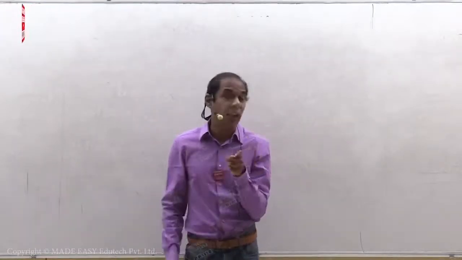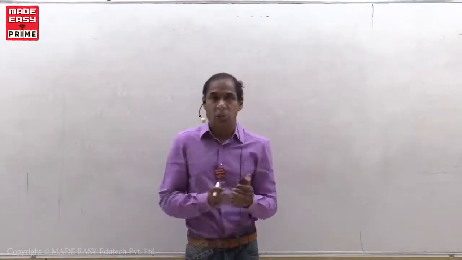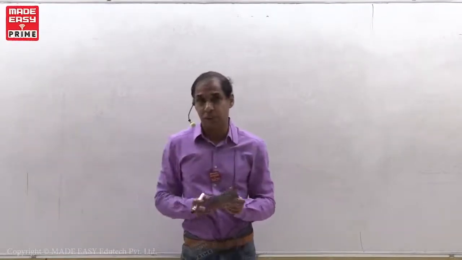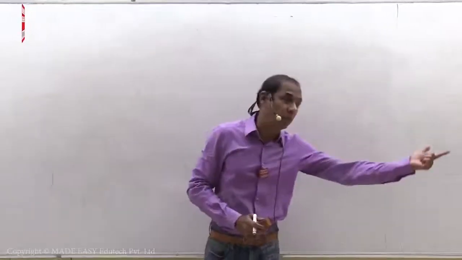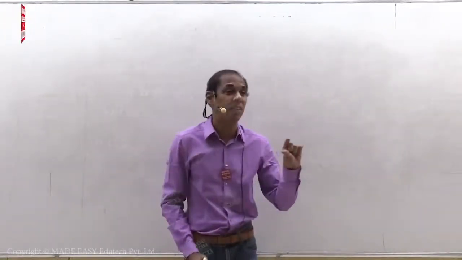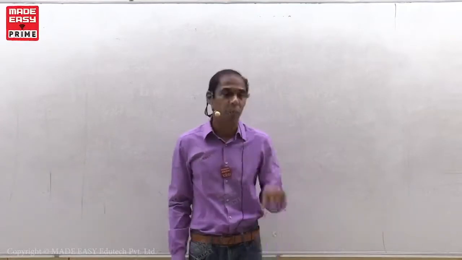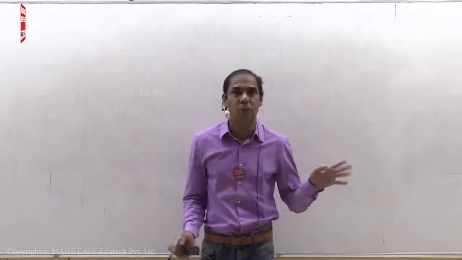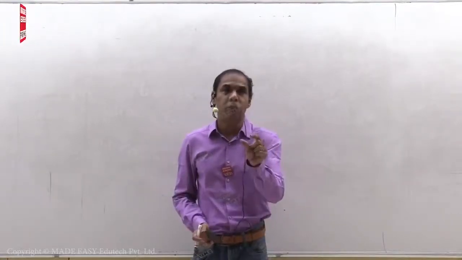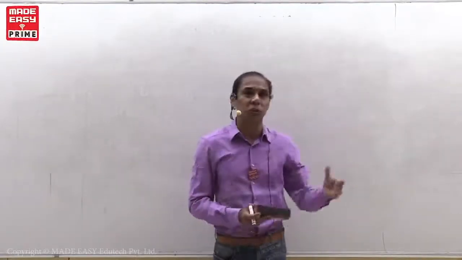Table 2. Actions going on in the past. Going on only at one time in the past, past continuous. Going on from one time to another time in the past, past perfect continuous tense. Very easy. One perfect time to another perfect time. That's all. Table 3. Similarly, future continuous and future perfect continuous.